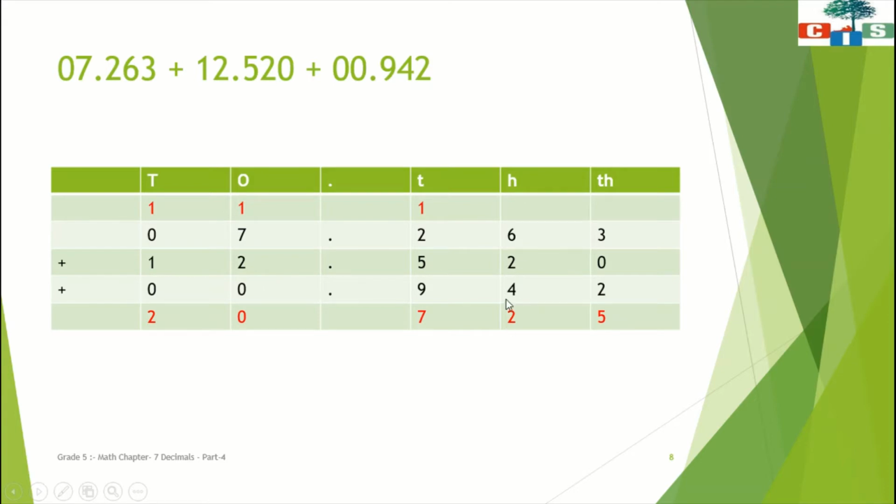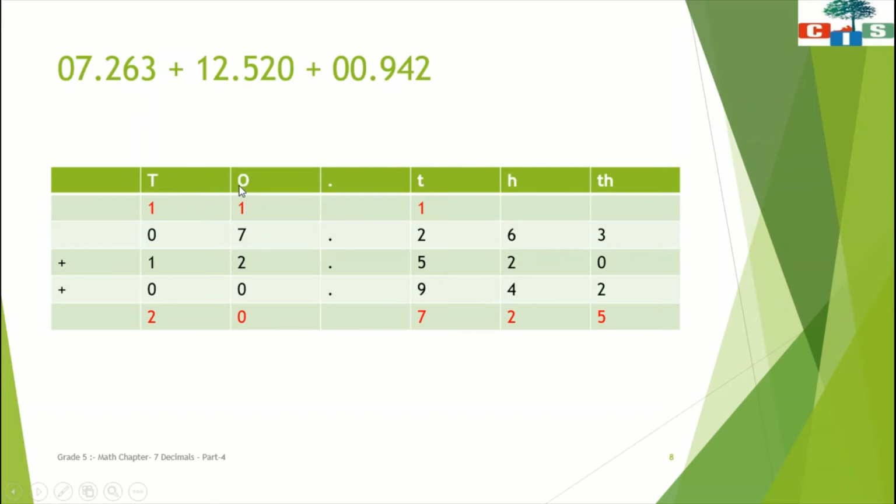So what we need to do? We need to write 2 over here and 1 will be carried forward to the next place value, which is the tenths. Now we will add the digits at the tenths place. Here we have 1 plus 2 plus 5 plus 9, which is equal to 17. So we will write 7 over here and 1 will be carried forward to the ones place.